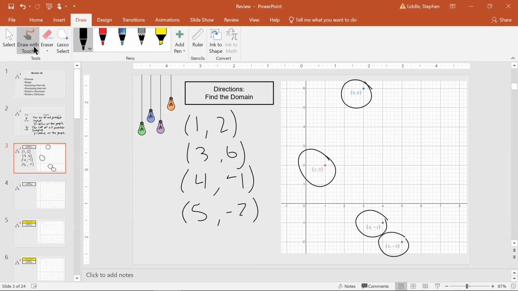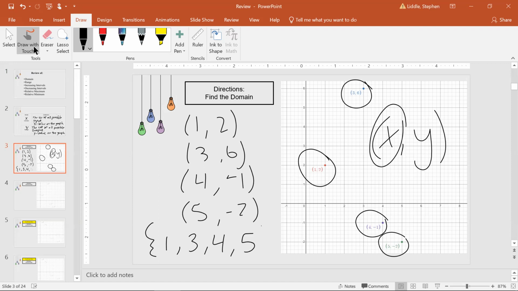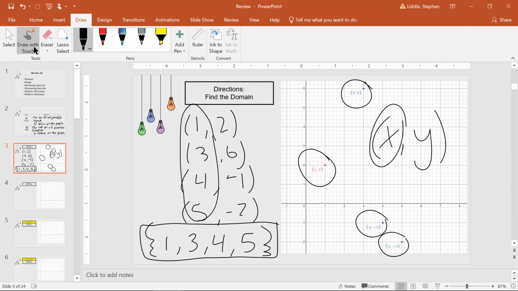If you guys remember, a point is always X, Y. So our domain is going to be our X values. Saying that our domain is going to be equal to 1, 3, 4, and 5, because that is the X values of all of our points.